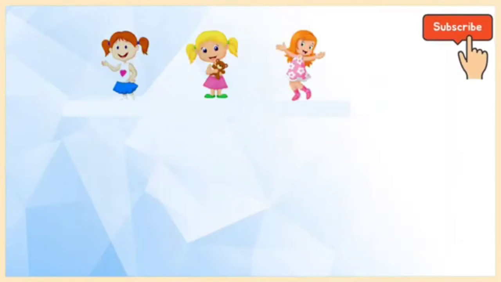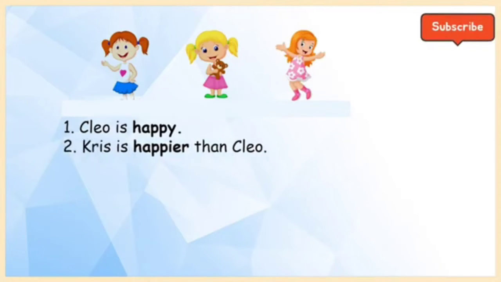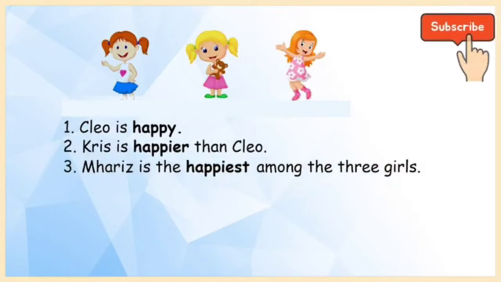Let us compare these three girls. Read the sentences. Cleo is happy. Kris is happier than Cleo. Maris is the happiest among the three girls. In sentence 2, for comparative degree, what is added to the word happy?